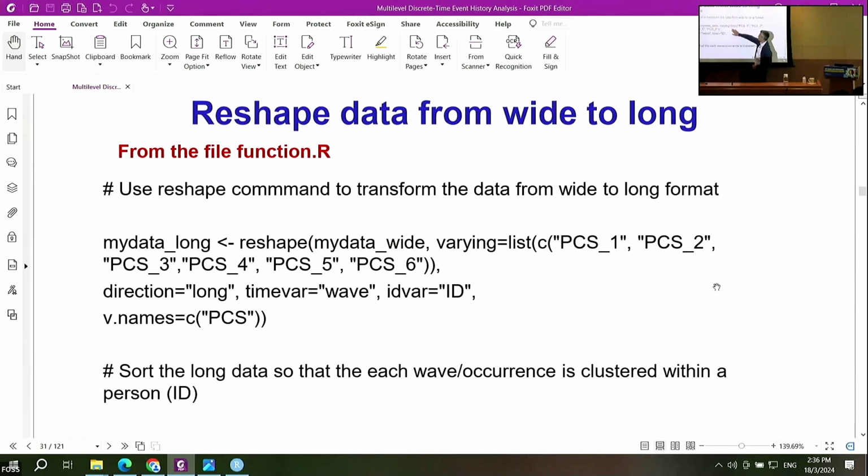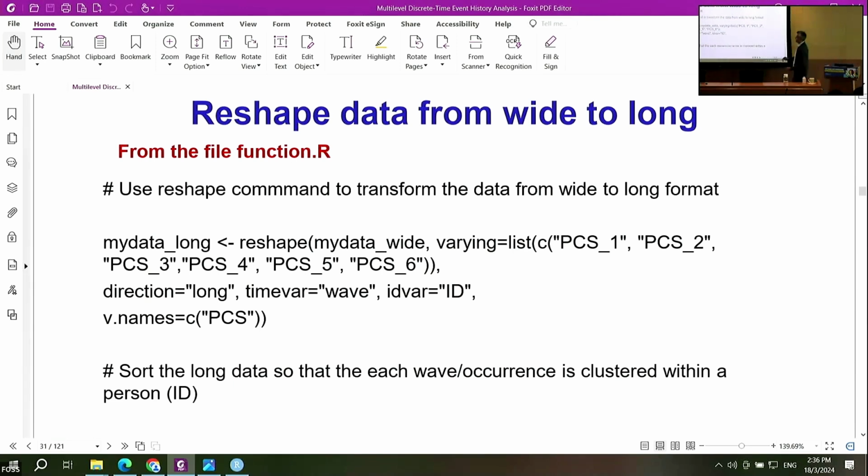It tells R which are the different variables you want to reshape. So it's PCS1 to PCS6. We want to reshape into the long format. And then we want to create a new time variable, occasion variable, called wave. And we're using the ID variable as the ID variable.